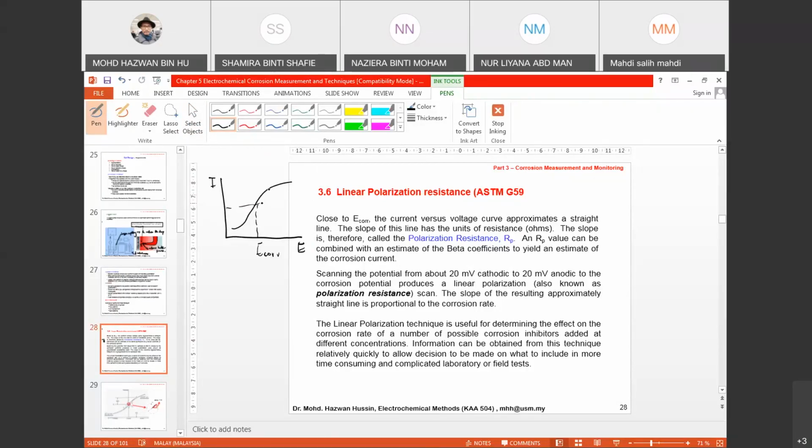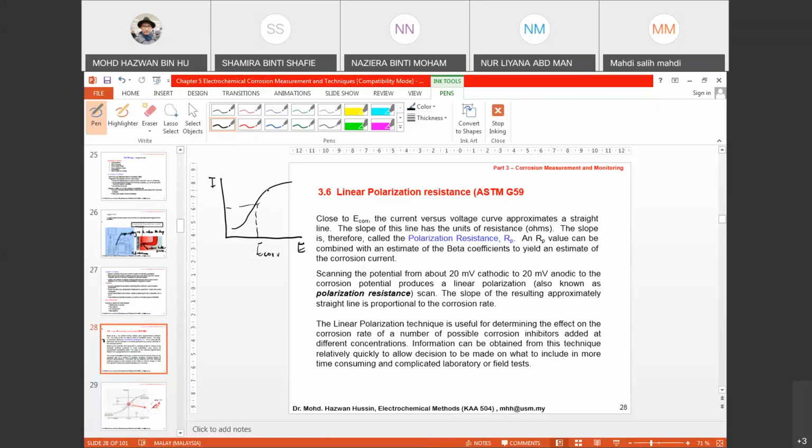And at the higher potential, this is where the eta A, or the anodic overpotential, occurs, and at the lower potential value, this is where your eta C, or cathodic overpotential, occurs.